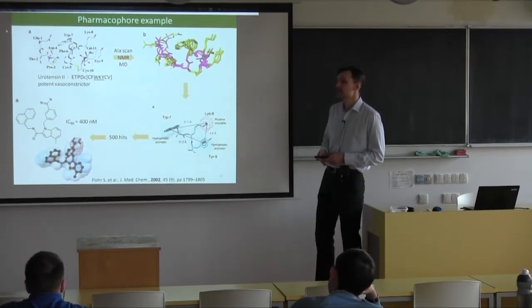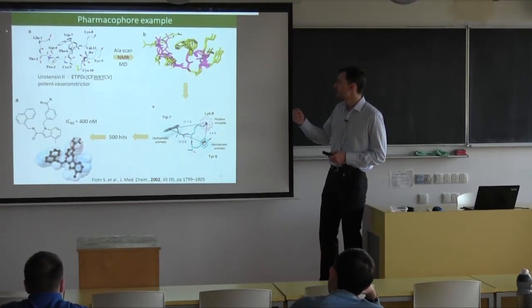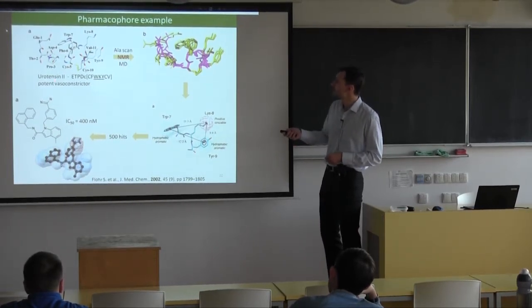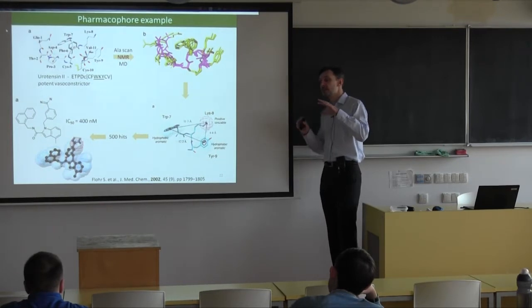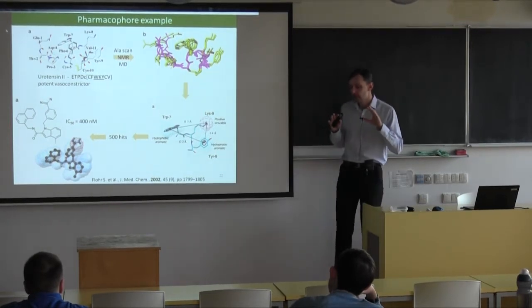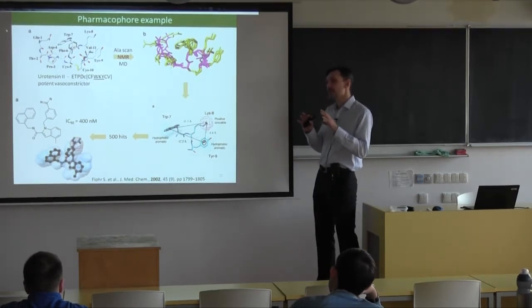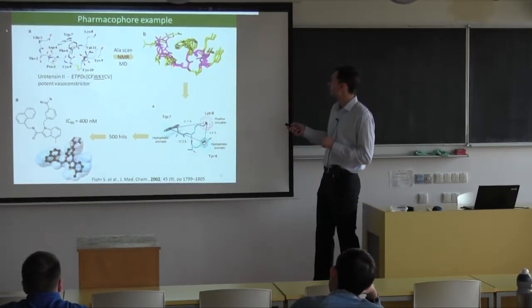After that, they performed NMR measurements of urotensin 2 in solution and found some constraints, possible contacts, and the 3D structure of this peptide.